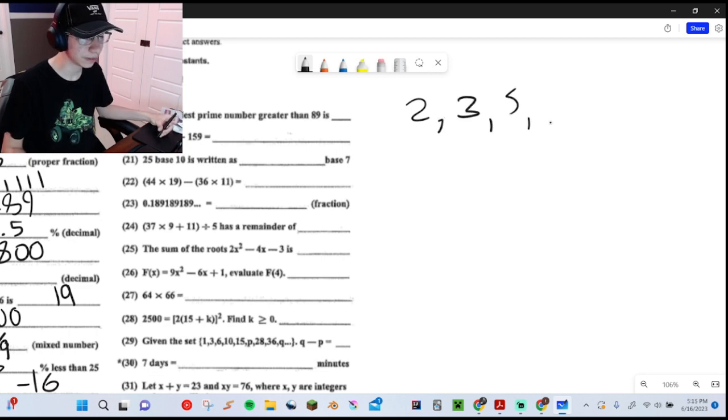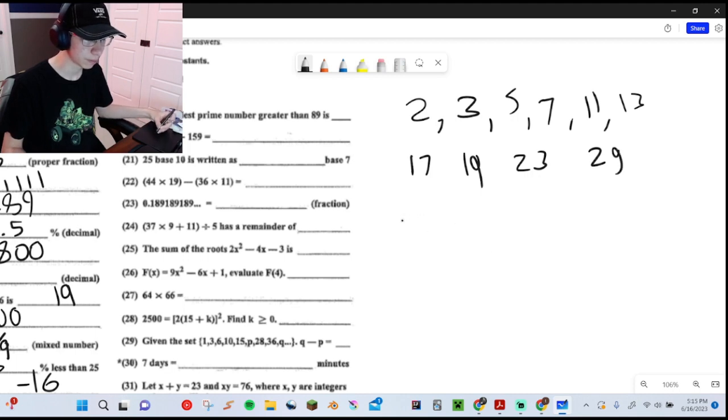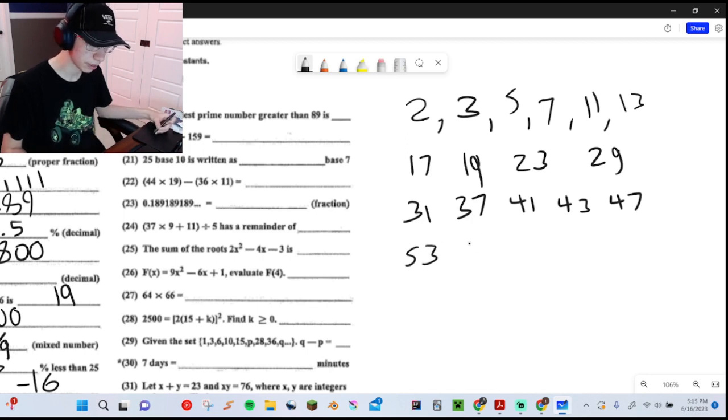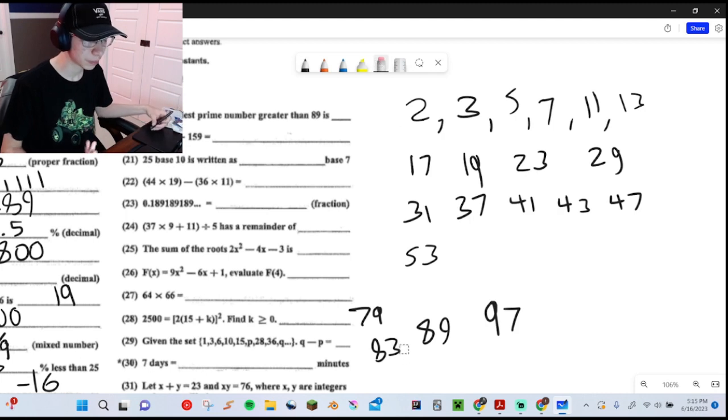And we have 3, 5, 7, 11, 13, 17, 19, 23, 29, and I can keep going, 31, 37, 41, 43, 47, 53, and around 100 we have 97, and we have 89, and we have 83, I think 79, and a few more.